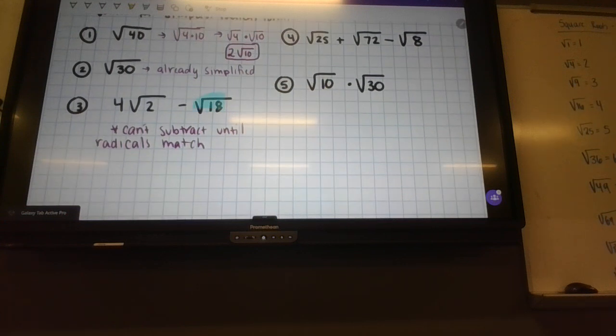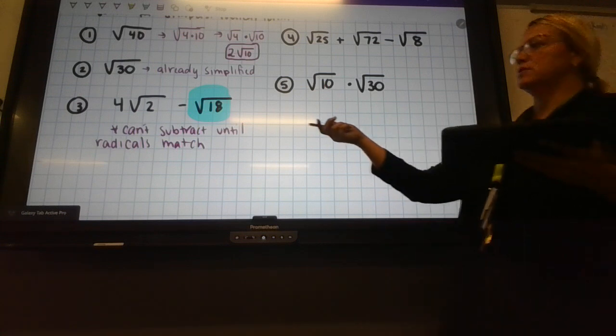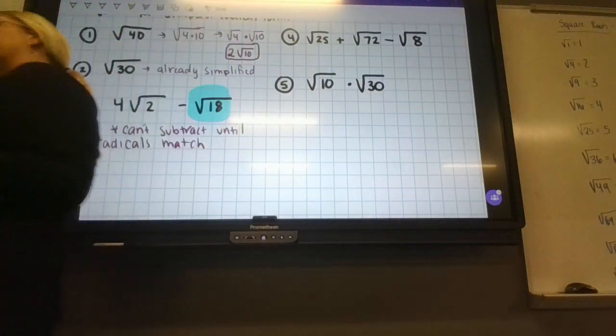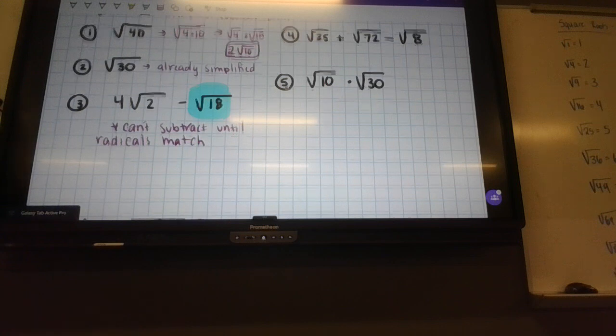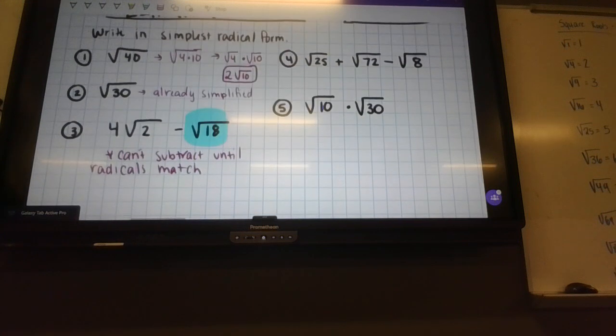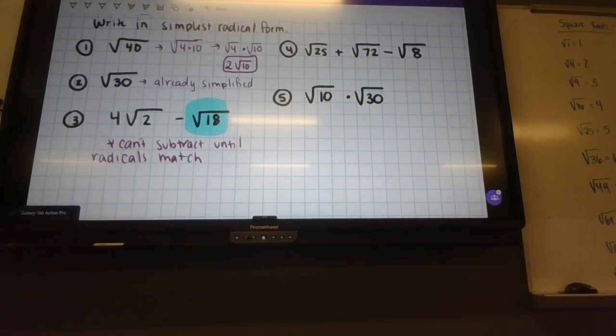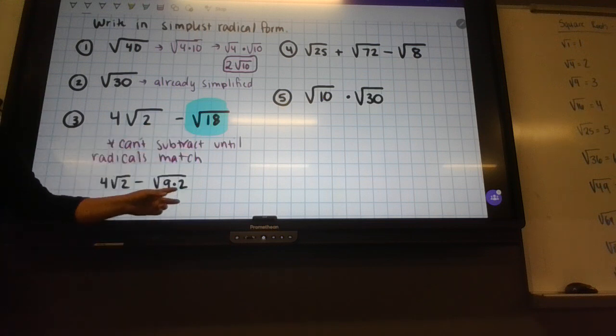So I'm going to rewrite the 18. I'm not going to forget about the 4 square root 2, but I am going to leave it to the side and focus on this 18. I'm going to rewrite 18 as 9 times 2. And that's equivalent. 18 is 9 times 2.